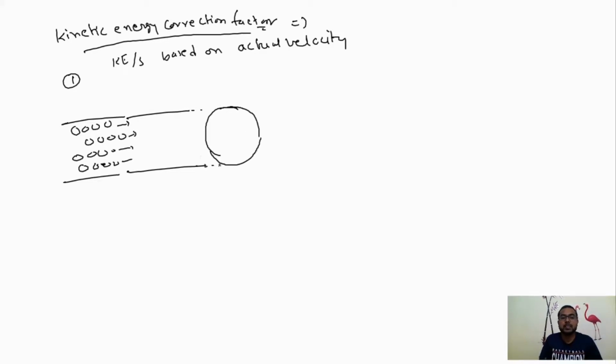This is the cross section of the pipe. This is your center line, at a distance r on both sides, you have velocity u. See this small ring at a distance r, and we take a small thickness dr.